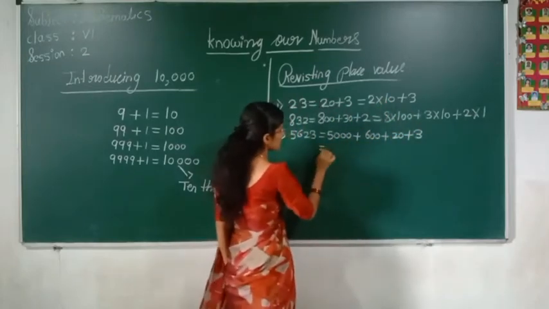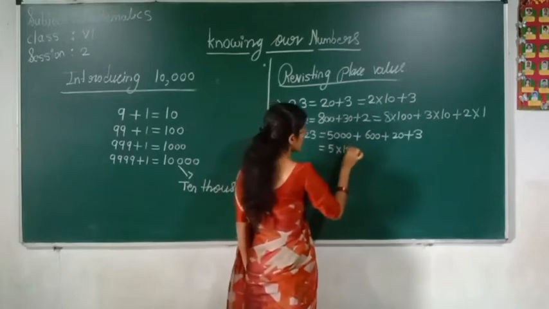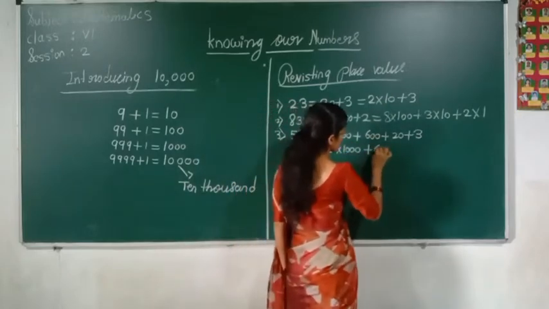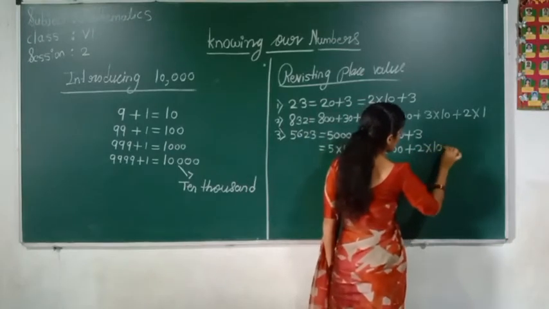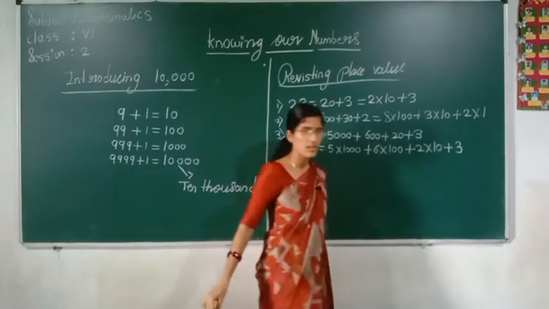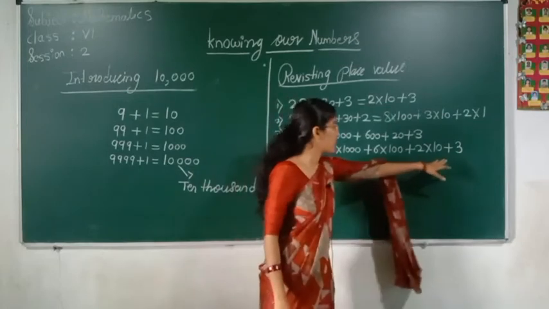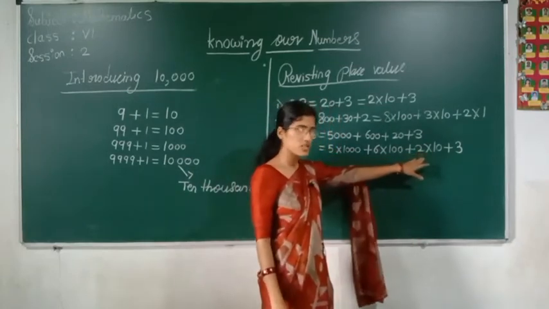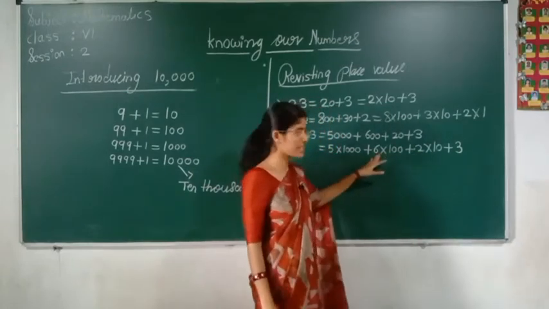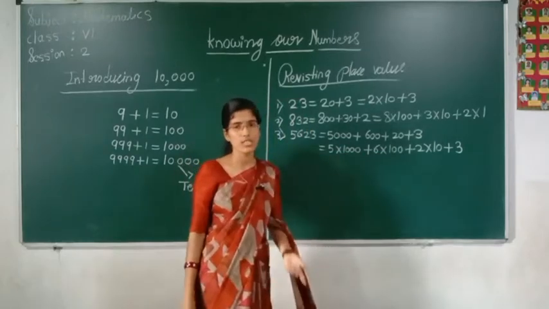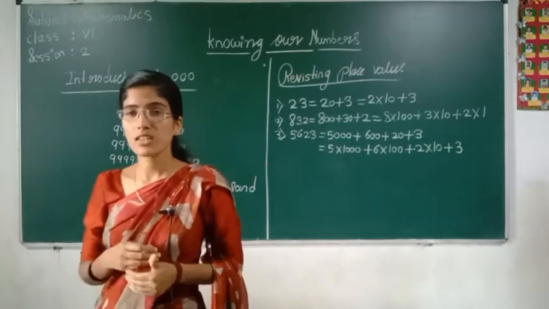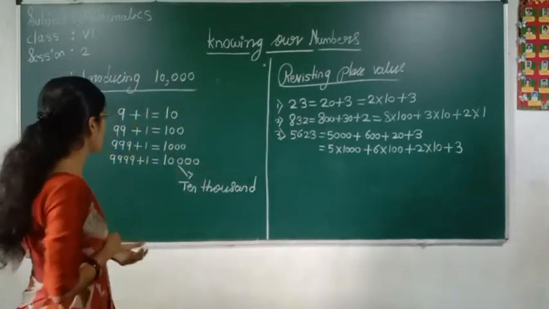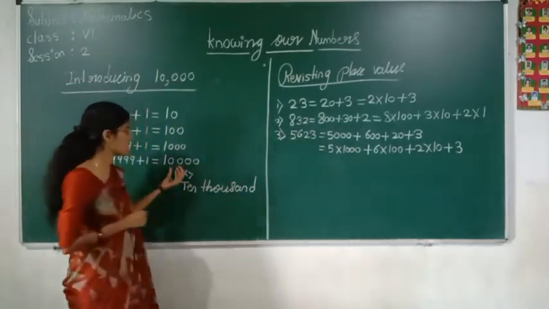This can be written as 5 into 1000 plus 6 into 100 plus 2 into 10 plus 3. Here 3 is at ones place, 2 is at tens place, 6 is at hundreds place, and 5 is at thousands place.